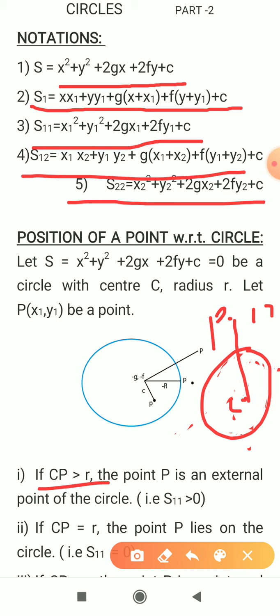So what do we say about that point P? P is an external point of the circle. So if CP is greater than R, the point P is an external point of the circle.